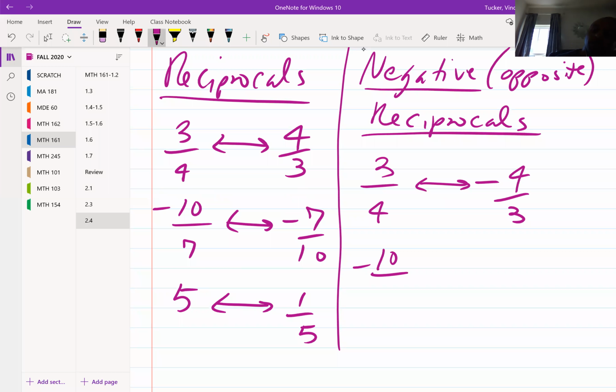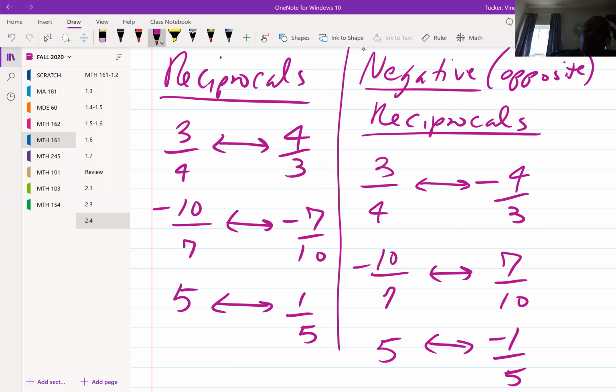So if I had negative 10 over 7, the negative reciprocal would be positive 7 over 10. And then 5, the negative reciprocal would be negative 1 over 5. Questions? So for perpendicular lines, we need negative reciprocals.